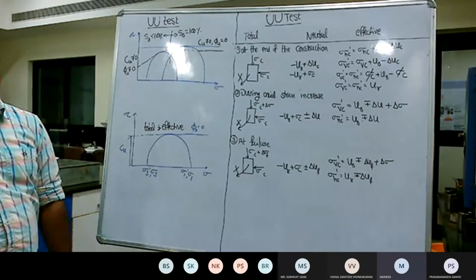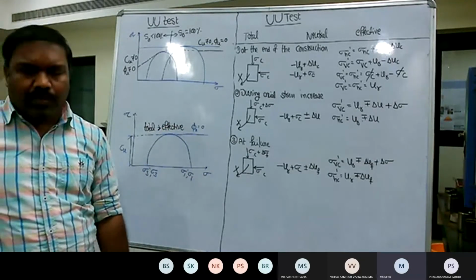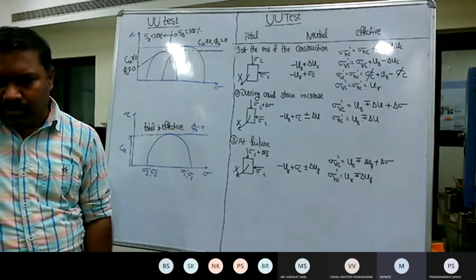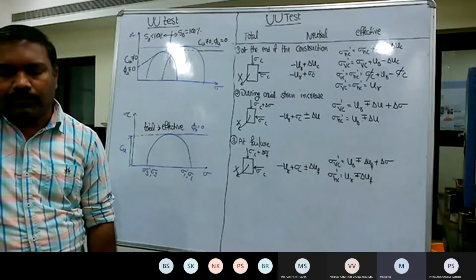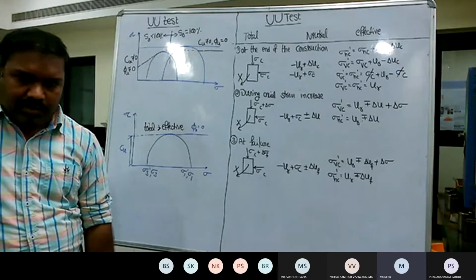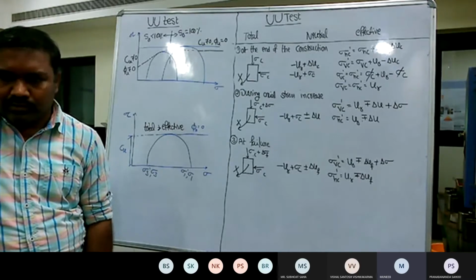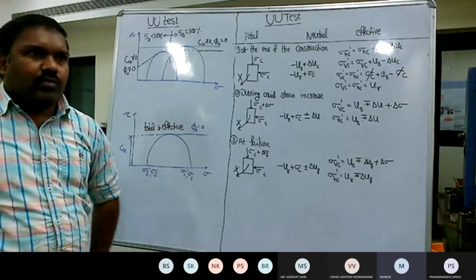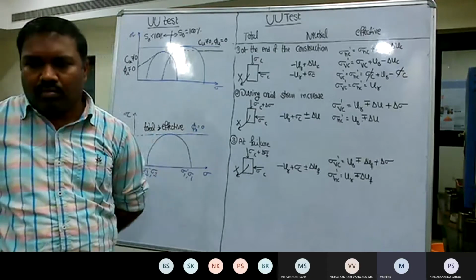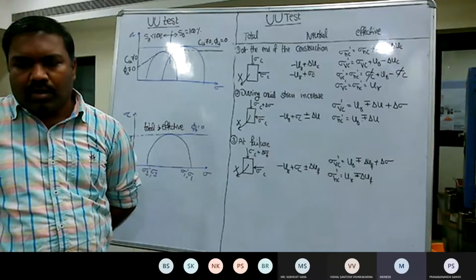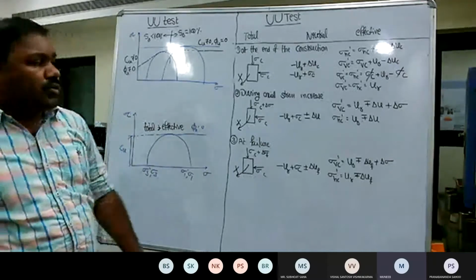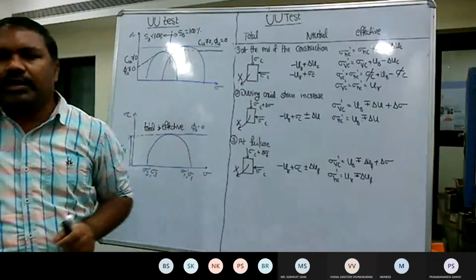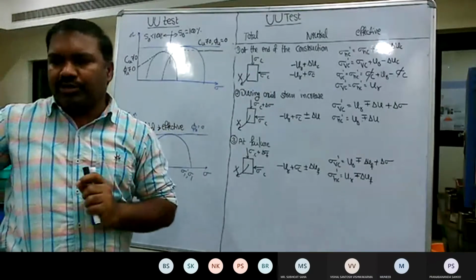So one last thing. In the UU test, in the first stage, the increase in pore water pressure was equal to the increase in confining pressure. Is the same true in the second stage also, when you increase the deviator stress? No. See, when you apply the confining pressure, you apply a single load instantaneously.